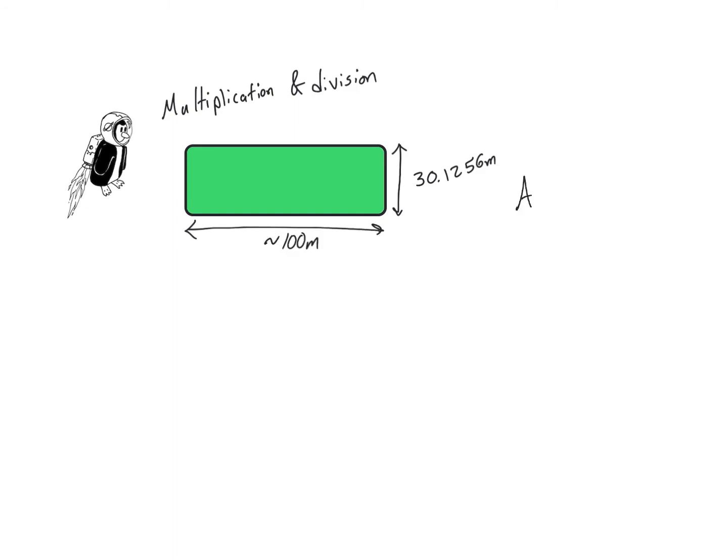Recall that area is equal to length times width. So you take your number, as accurate as it is, and you have to multiply it by the inaccurate number of your partner. A calculator would tell you 3,012.56 meters squared.